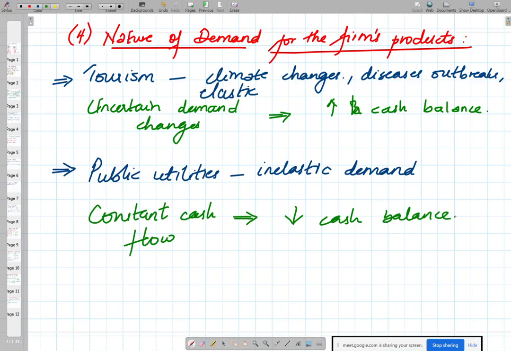So for them, the cash inflow remains very stable, very constant. It doesn't keep on going up and down. So such businesses can afford to maintain a very low cash balance. They don't have to worry about any uncertainties in the cash going out or the cash coming in, right? So for now, we have these 4 points related to the factors influencing your cash needs.